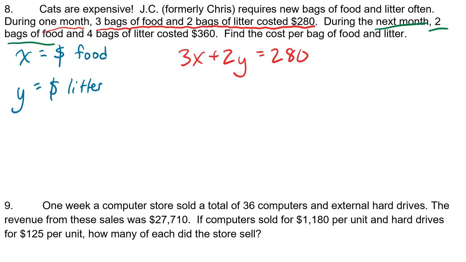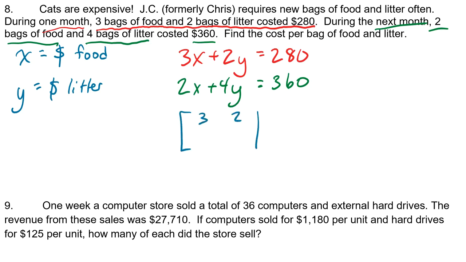For the second month, it had 2 bags of food and 4 bags of litter, equaling $360. So do the same thing. 2x plus 4y equals $360. All right, then we can set up our matrix.